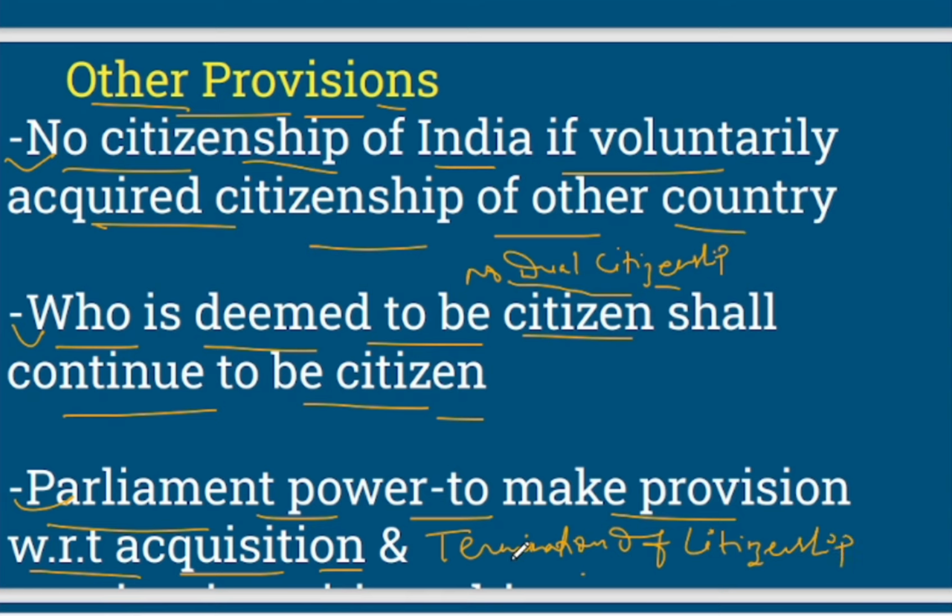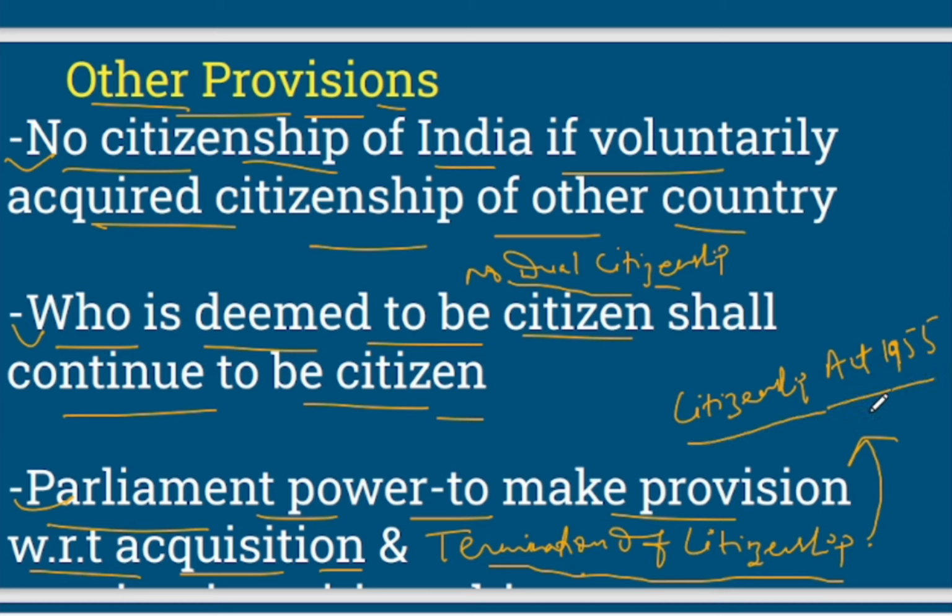In accordance with this provision only, we see that there is the Citizenship Act of 1955, right? We will discuss this act in our next video, but for now just know that a Citizenship Act came in 1955. So this is very important to know, right?